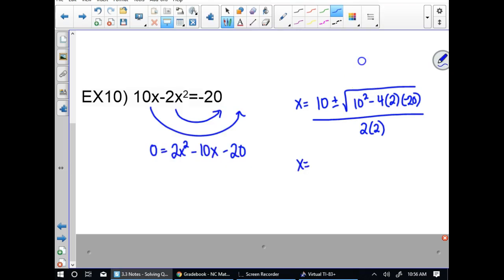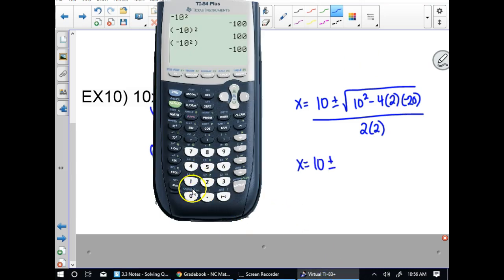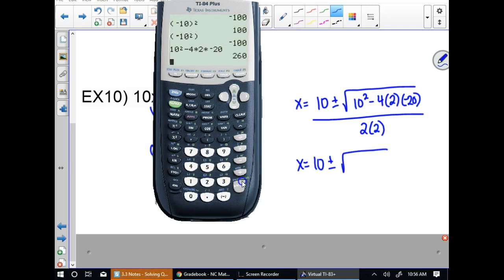So we get x equals 10 plus or minus. We can go ahead and do this on our calculator. So we'll have 10 squared minus 4 times 2 times -20. So plus or minus square root of 260 all over 4. Now, a number like 260, I bet will break down. So what do you think might go into 260?